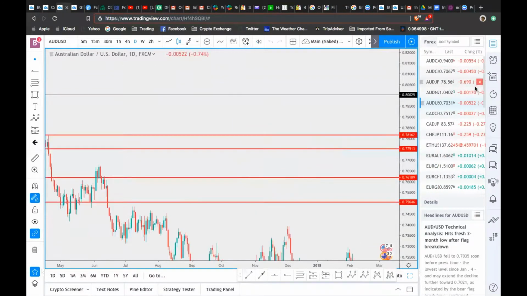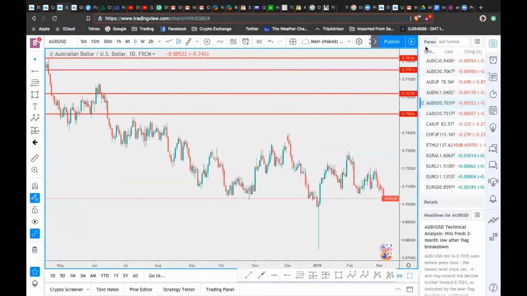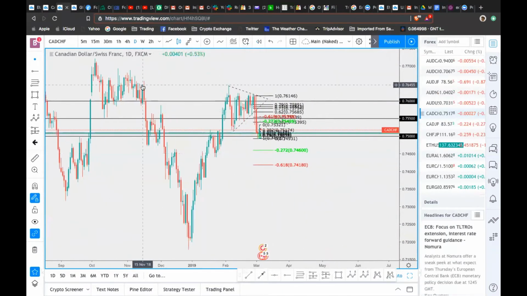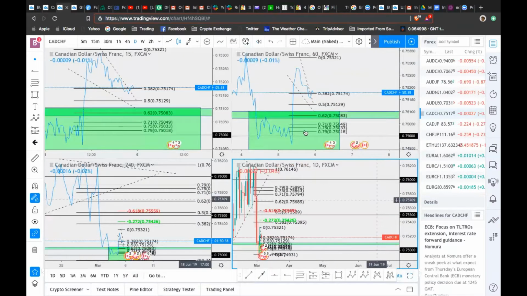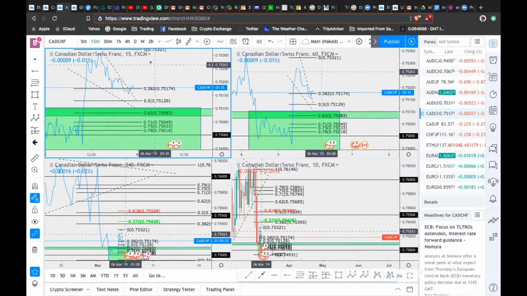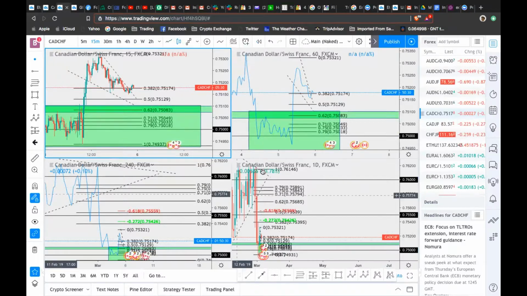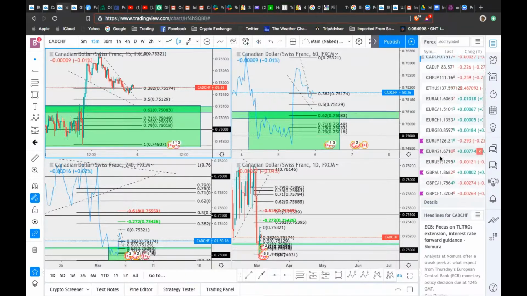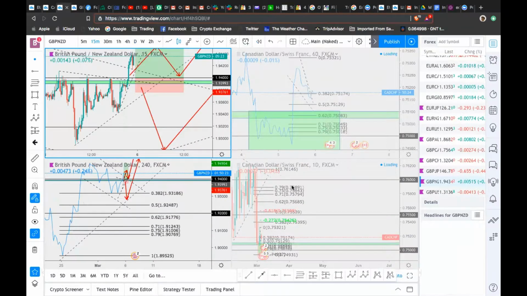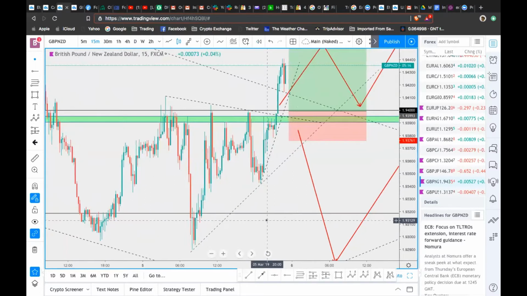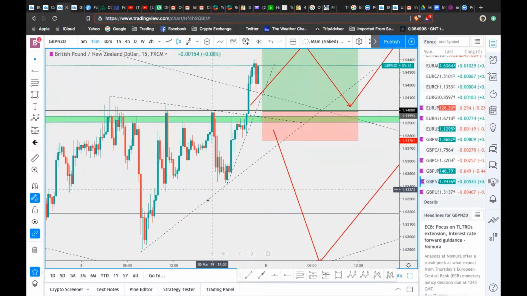And I'm gonna take you through how I mark up my chart. Here goes an example right here. You see?